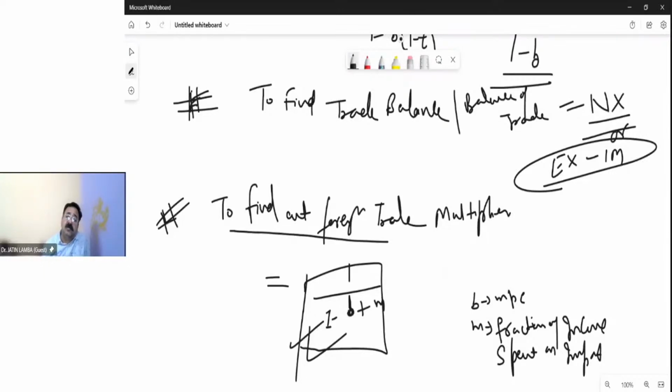Now we are going to solve one last question, right? Then we will take a break for 10 minutes and we'll start the second unit. The last question, illustration where this trade multiplier and trade balance have to be solved, that is illustration 18.